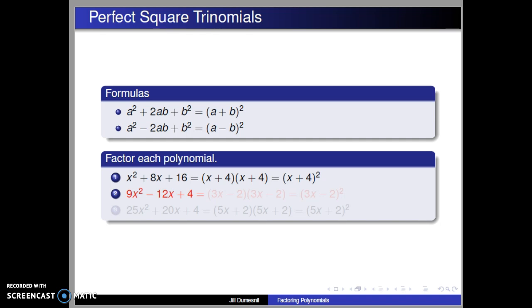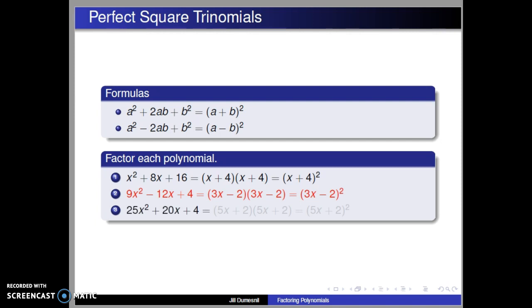Since 9x squared is 3x squared and 4 is 2 squared, we can try the factorization 3x minus 2 times 3x minus 2. A quick mental multiplication confirms that this multiplication is correct, and we write our product more compactly as 3x minus 2 quantity squared.